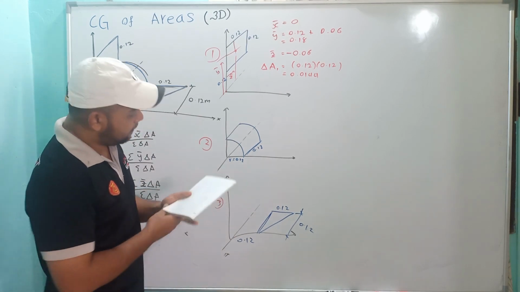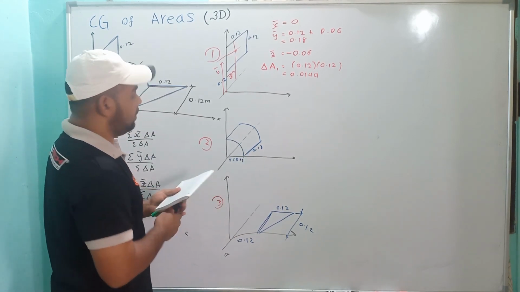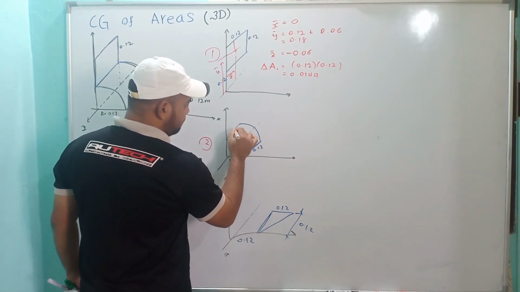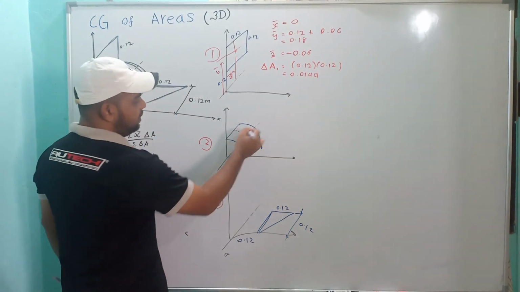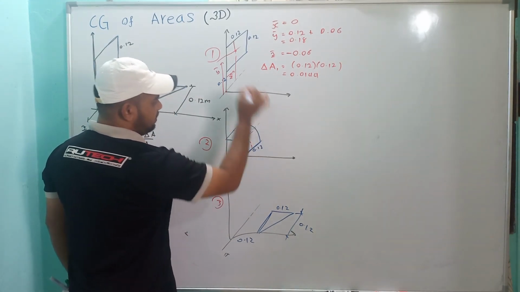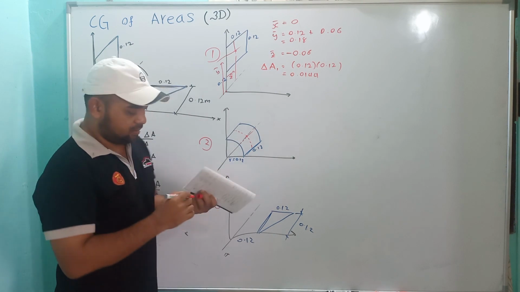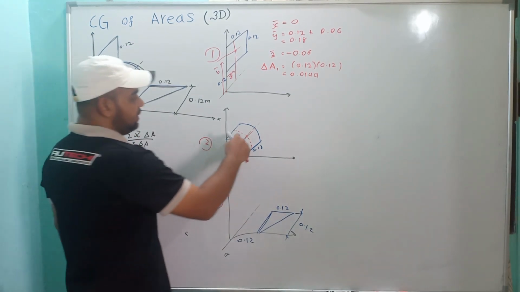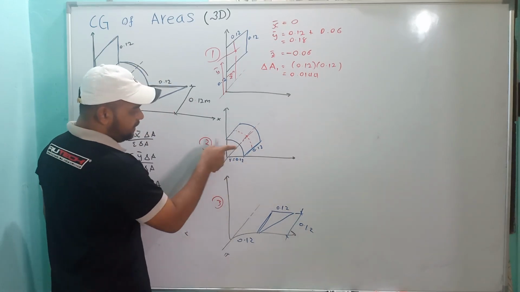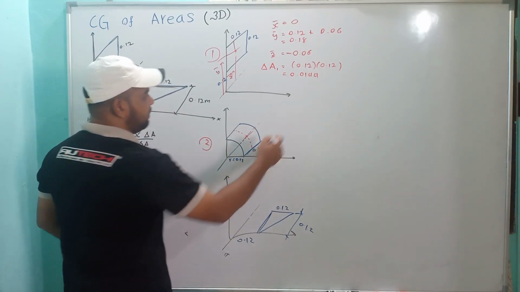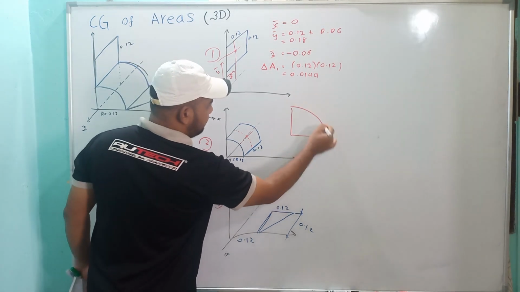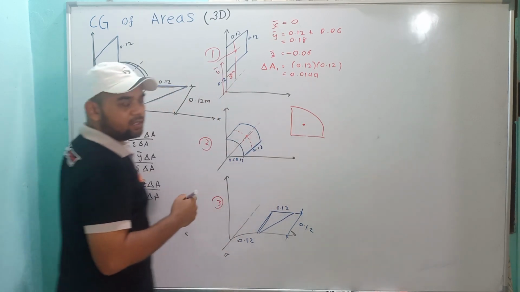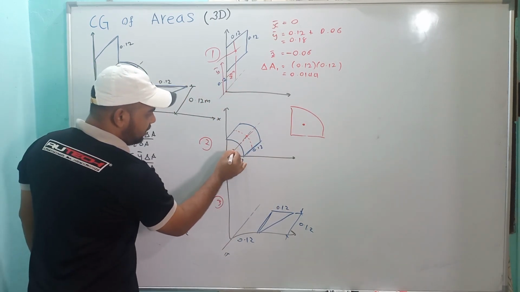For this one, the CG is right here in the middle. If you do the drawing here, it will be in the middle. Because of this shape, when we have this triangle and this shape, the CG is here, somewhere here but inside.